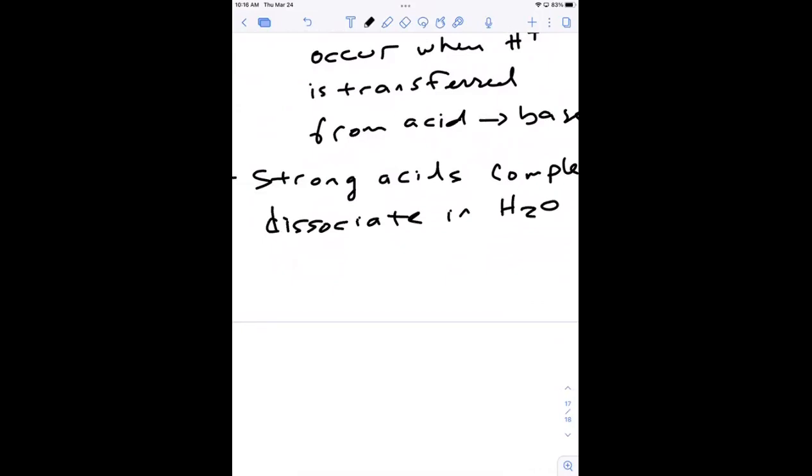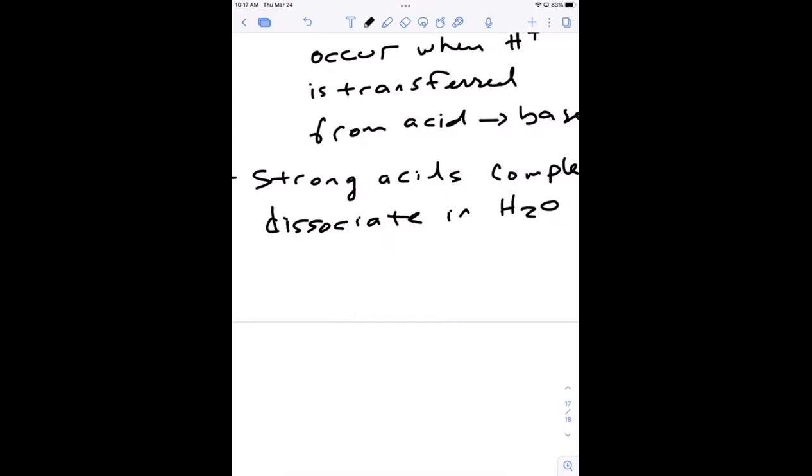What that means, and we talked about this when we were doing those ionic equations, is the constituents that make up the acid will be torn apart, basically. So the waters will get in between the proton and its conjugate base. So let me show you that.